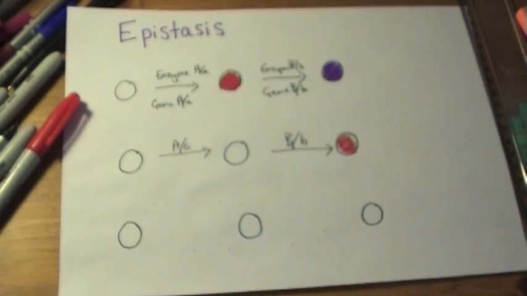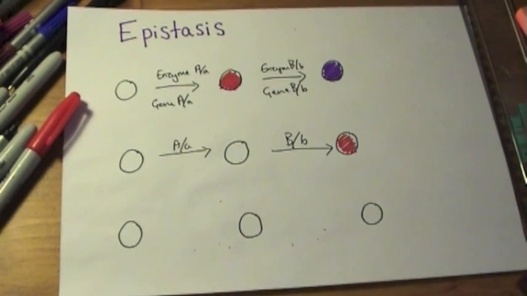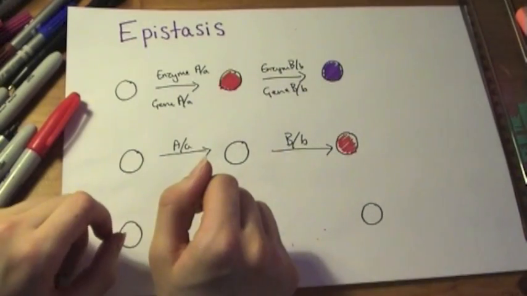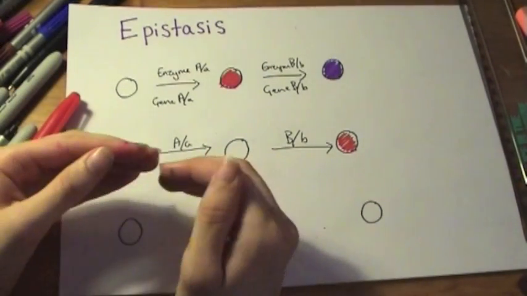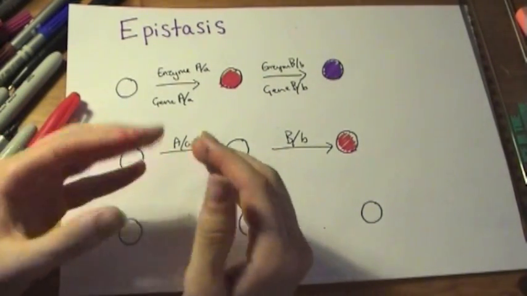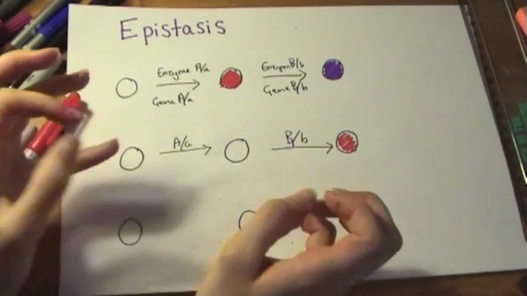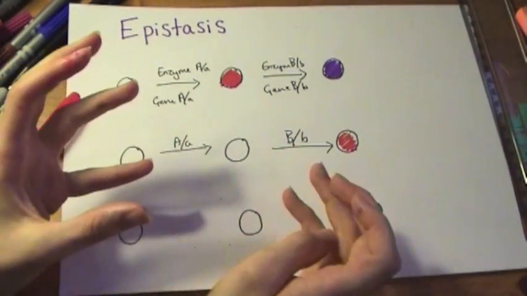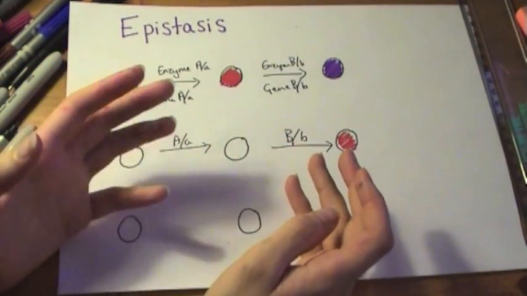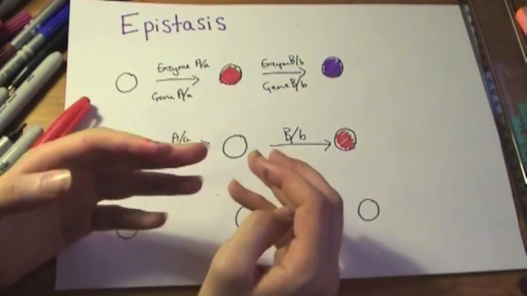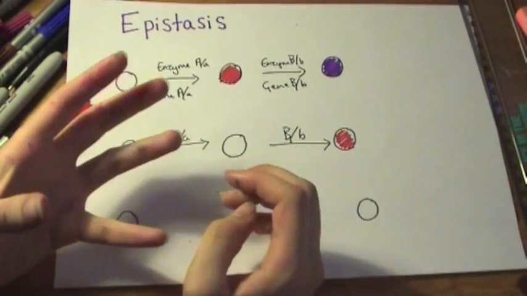So what I've said so far is about coding for enzymes in a specific pathway. That is one epistatic mechanism that can give rise to different phenotypes by gene loci interacting. One of the other ways that gene loci can interact is in terms of repressor proteins.